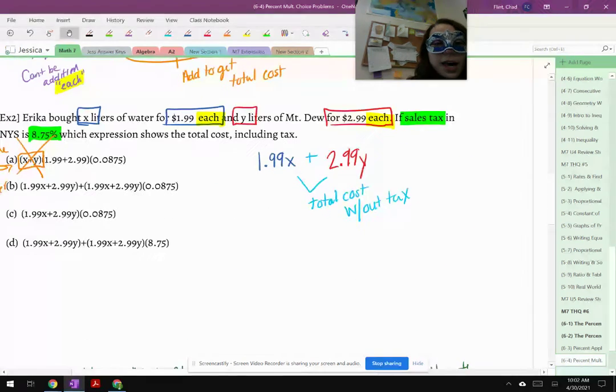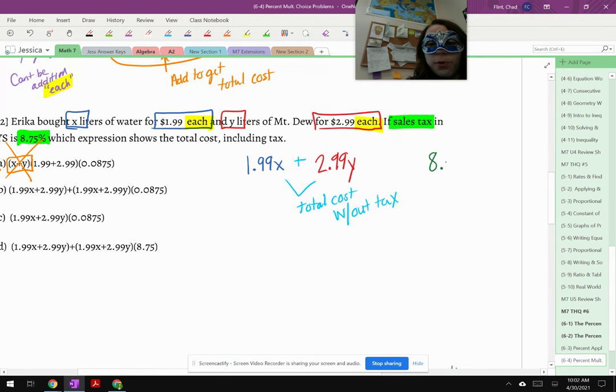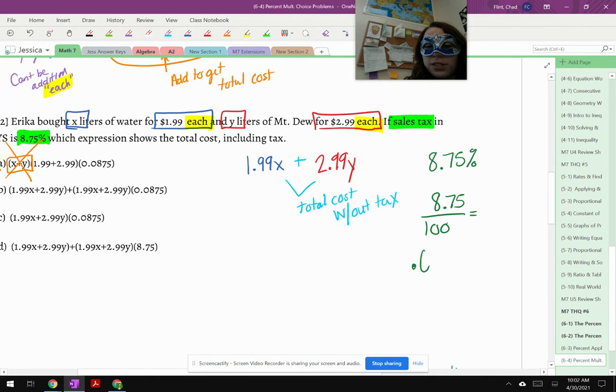So if I have sales tax of 8.75%, I need to take that and divide that 8.75 by 100 to get the decimal of 0.0875.